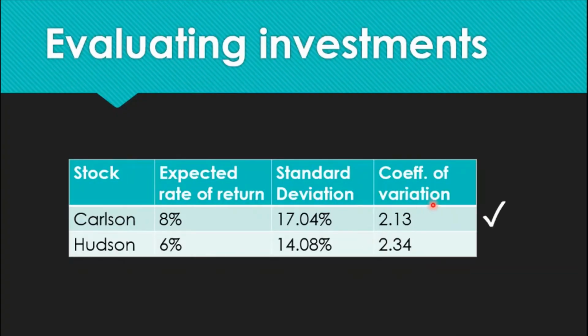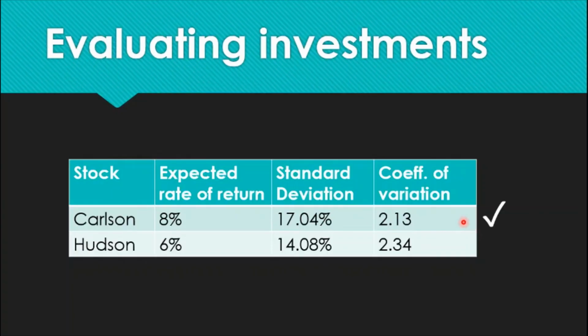So we have here for Carlson, that would be 17.04% divided by 8%, that would be 2.13. Hudson has a standard deviation of 14.08% and an expected return of 6%. So the coefficient of variation would be 2.34, meaning to say Carlson would be the safer investment.